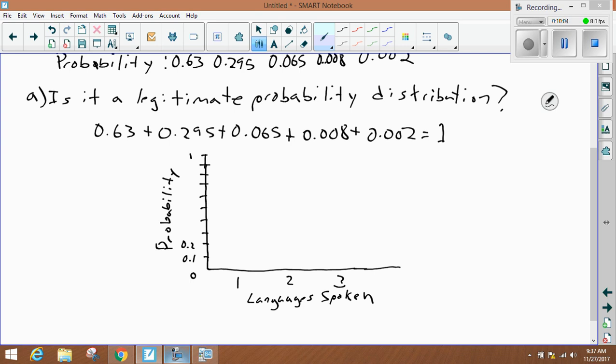All right, fantastic. So what do we got here? The probability of speaking exactly one language is 0.63, so somewhere around yonder. The probability of speaking two languages was 0.295, something like that. We actually need a 4 and a 5 here, right?